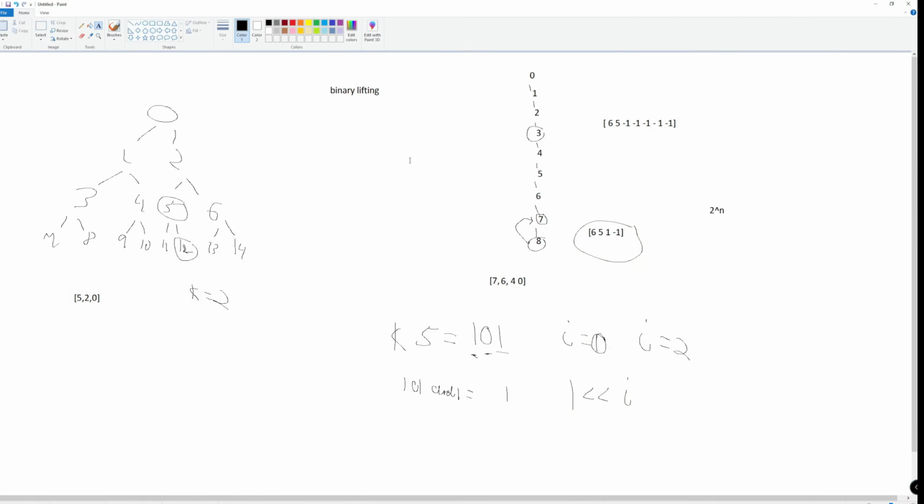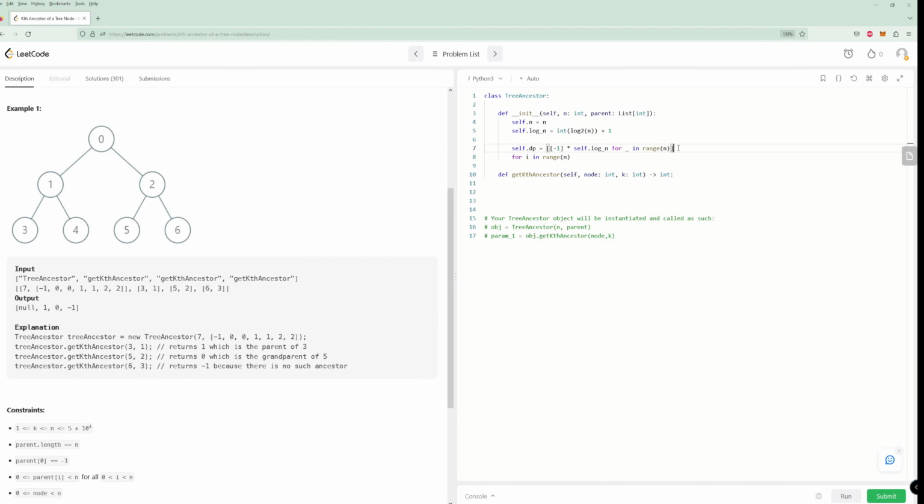Looking at this example, let's say our log is 3. So for 0, we're just going to have -1, -1, -1, -1, and then for 1, we're going to have the same thing, and so on. This would be the 0th parent, the first parent, the log 2, log 3 parent, and so on. Okay.